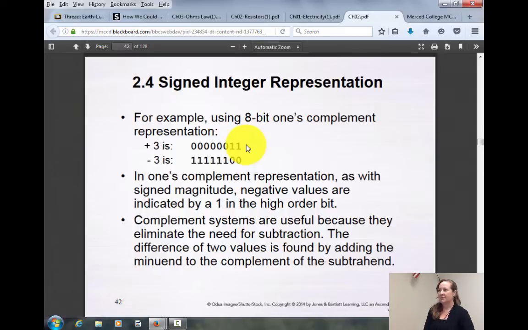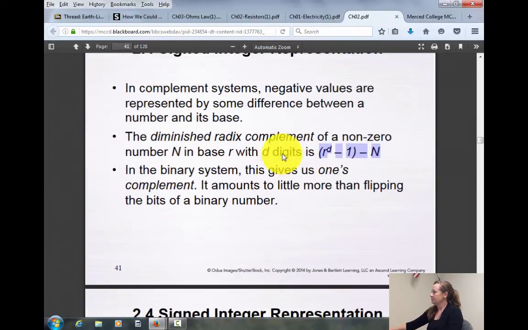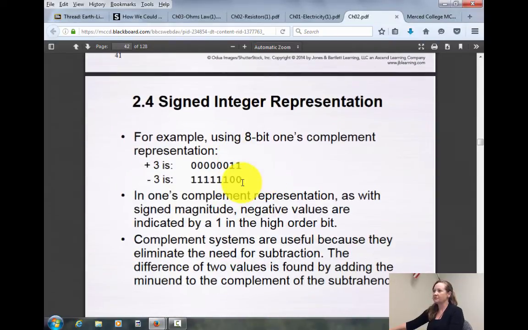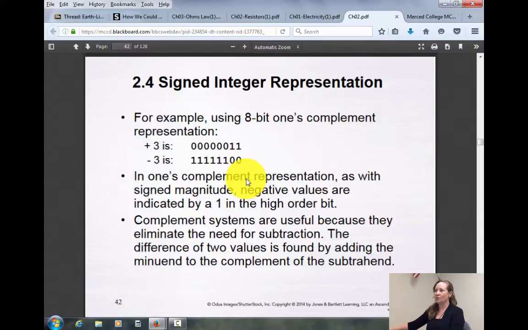When we apply this equation to our number, we pretty much just flip the 1's to 0's and the 0's to 1's, and that's your ones complement representation. In ones complement representation, as with sign magnitude, negative values are indicated by a 1 in the front. That makes sense, right? Because if we had 0 in the front for our positive number, when we switch all the 1s to 0s and all the 0s to 1s, it becomes 1 in the front, and that says, hey, I'm a negative number.